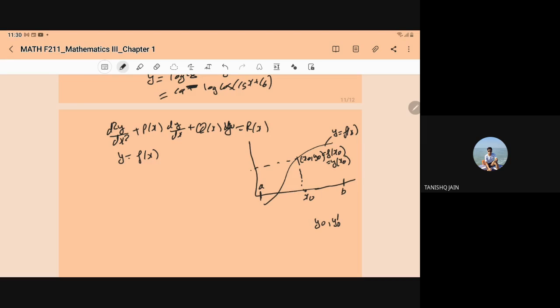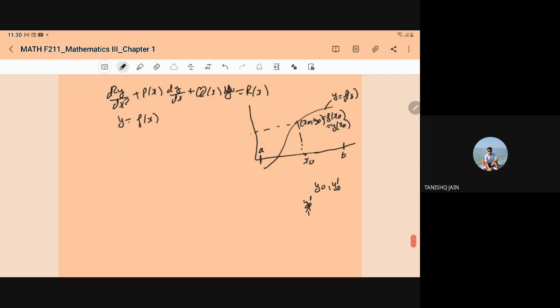And y naught dash, whatever is given, is equal to the y dash for x naught. So the theorem states that we have a unique solution.